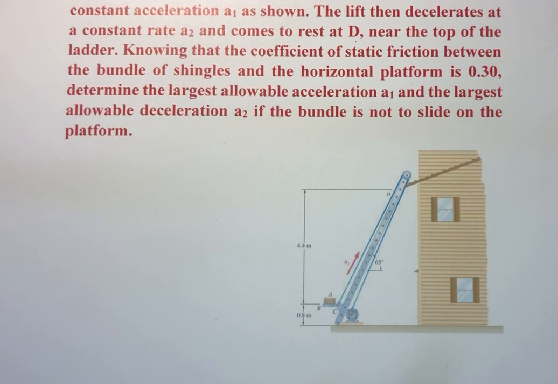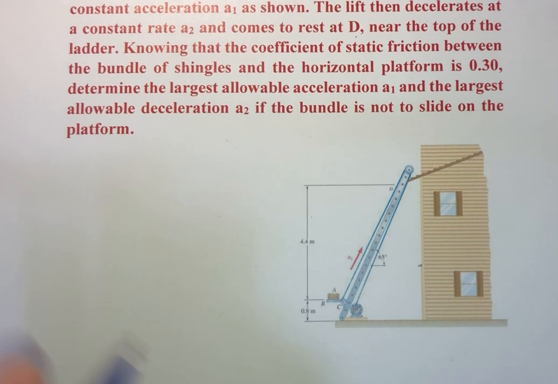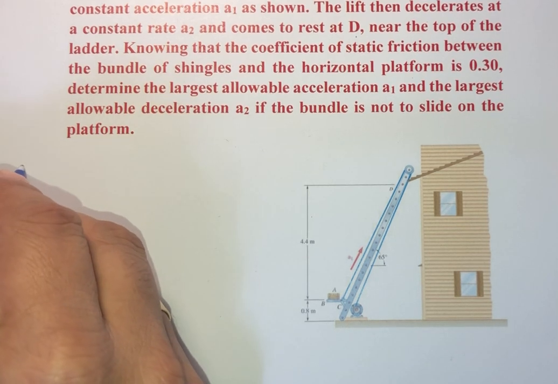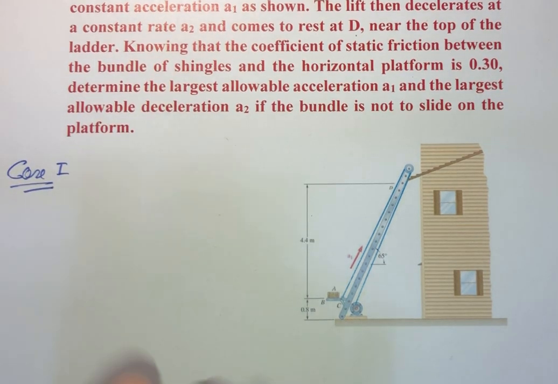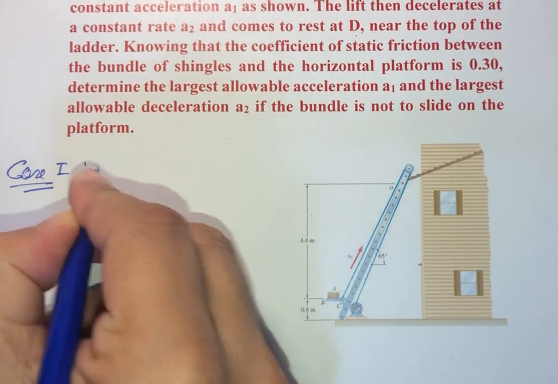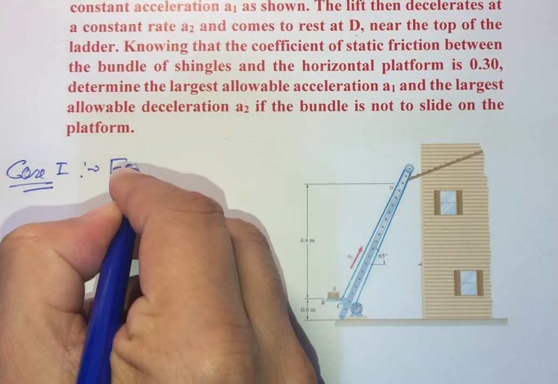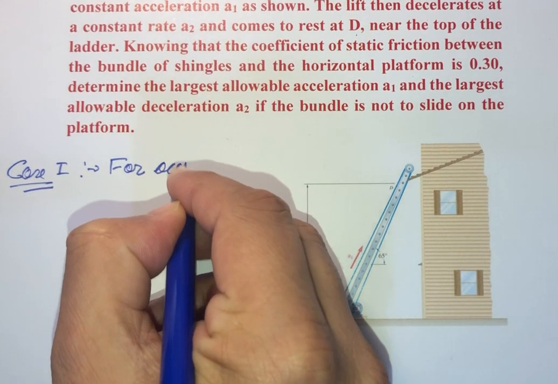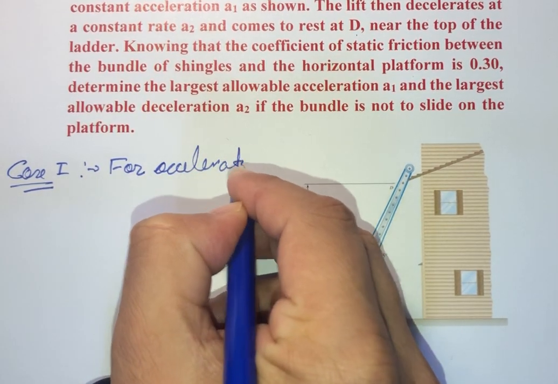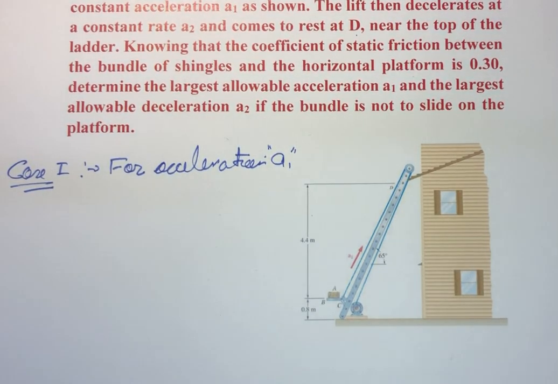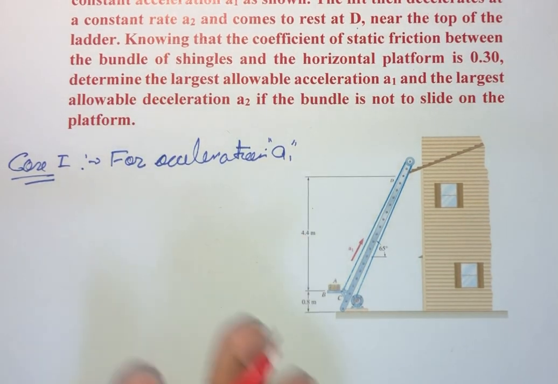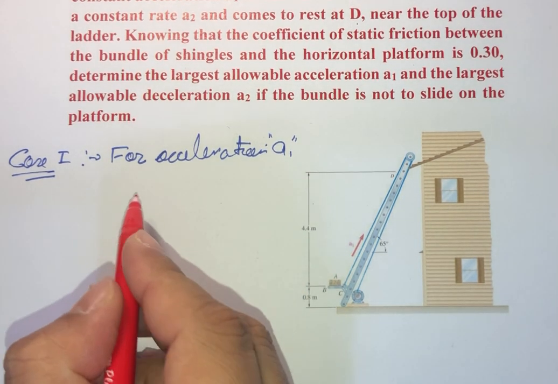So in the first part, case 1, for acceleration A1. Let us draw the free body diagram for these shingles.